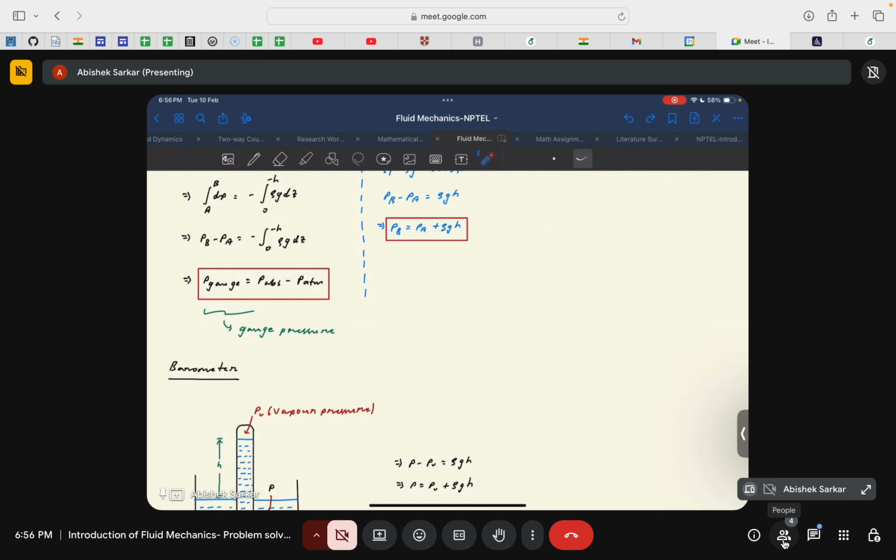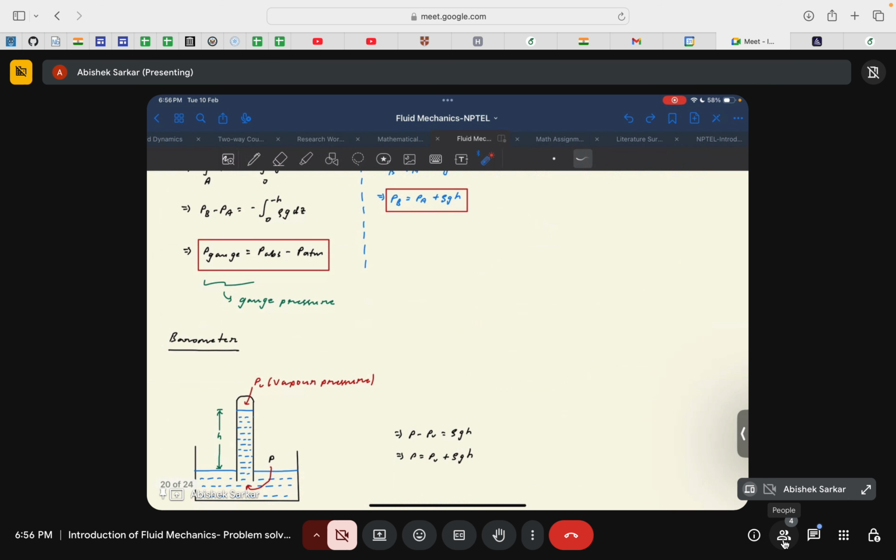Unless mentioned, for most of the problems, the pressure given is usually a gauge pressure. Of course, for better specification, the examiners or even the manufacturers will define the pressure as either gauge or absolute. But for most of the problems, if not mentioned, you can consider the given pressure to be gauge pressure, and if required, they will mention specifically that it is absolute pressure. So this is the relation between gauge pressure and absolute pressure.